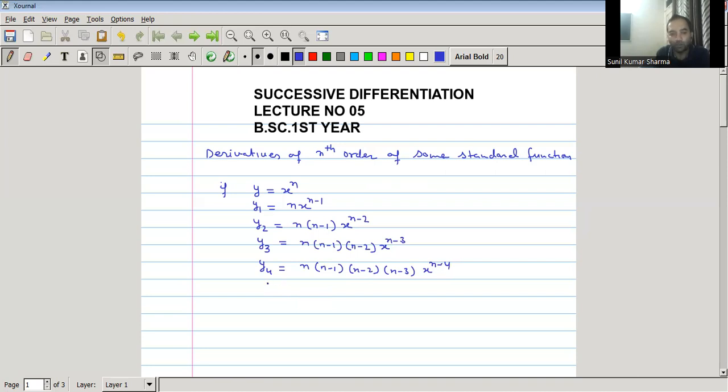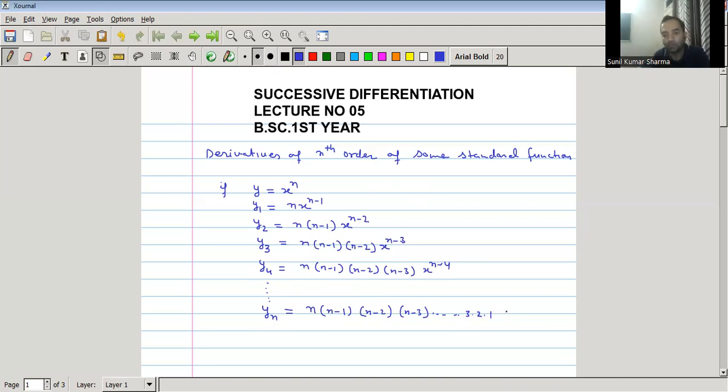So continuing in this way, we find yn. Someone tell me, what is the nth derivative of this function? Yes, it is n into n minus 1 into n minus 2 into n minus 3 and so on, into 3 into 2 into 1.